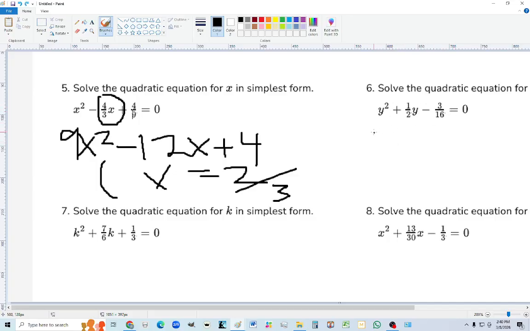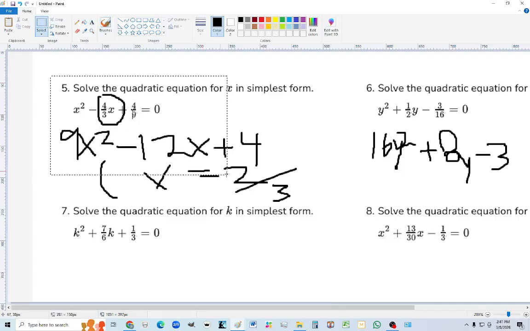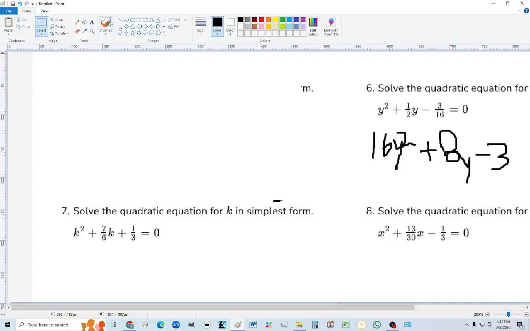Common term here is 16. When I multiply by 16, I get 16y squared. 2 goes into 16 8 times, so 8 times 1 is 8y. And then minus 3. These do not have a square root, right? This does not have a square root, so clearly we're getting a little trickier. So we're dealing with 16. It doesn't matter if it says y squared or x squared.